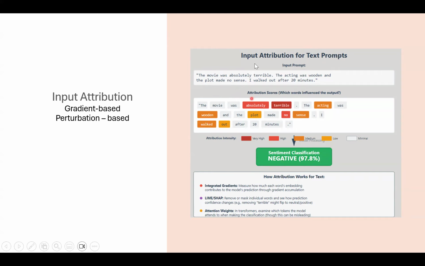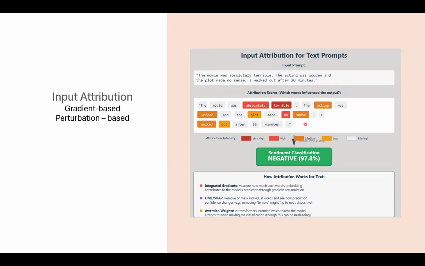So what input tokens are helping you come up with this answer? For example, terrible has the highest attribution because that's the most negative word here. No has slightly less, but still a very high attribution because it's also a negative word.